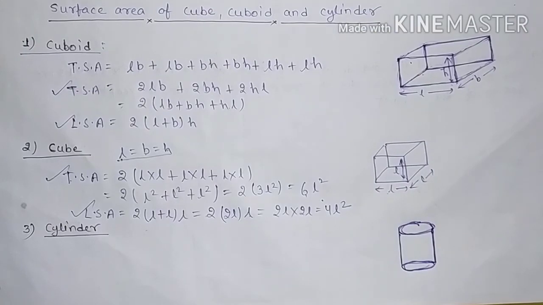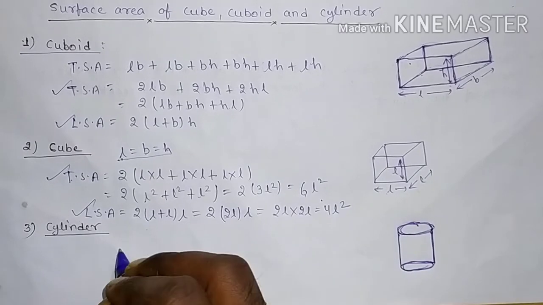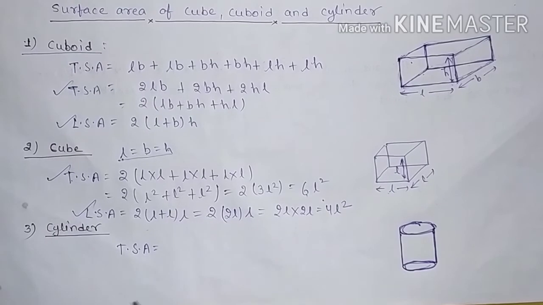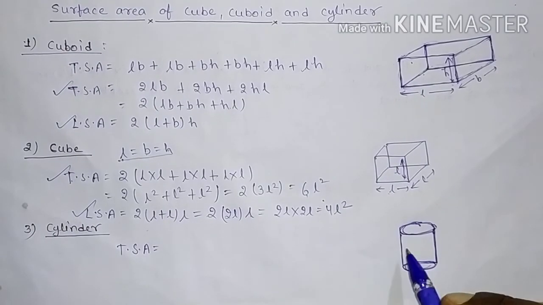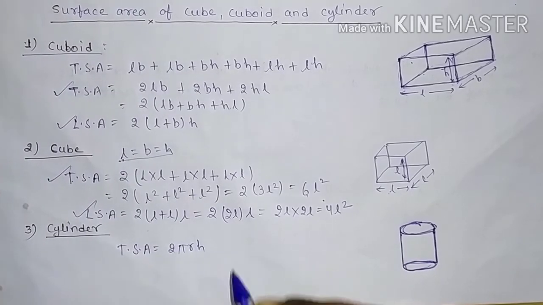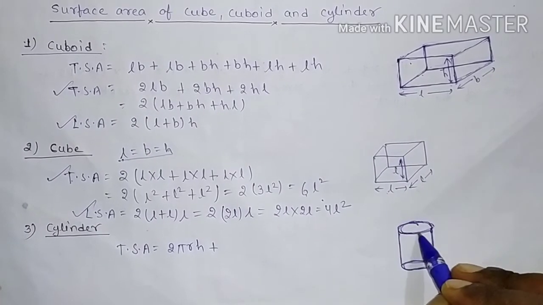Here we have to find the total surface area of this. The area of the curved surface is equal to 2 pi r h plus the area of the circular parts.